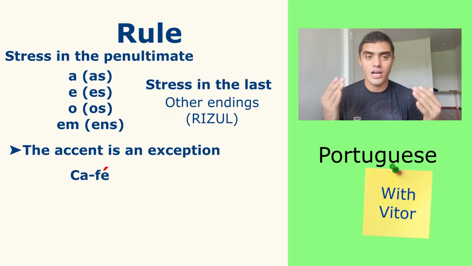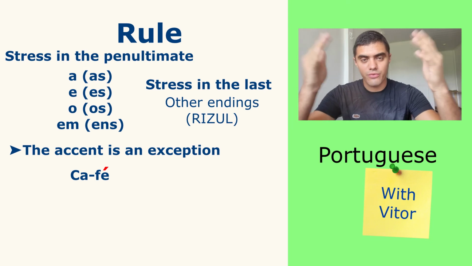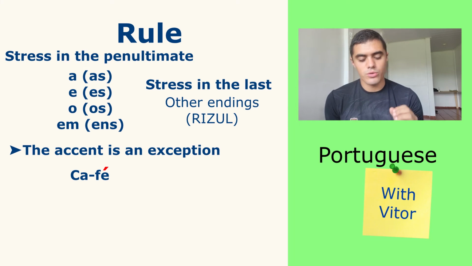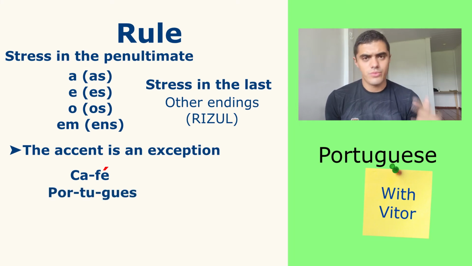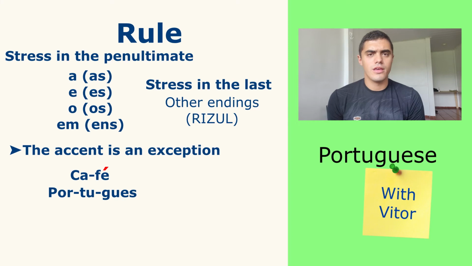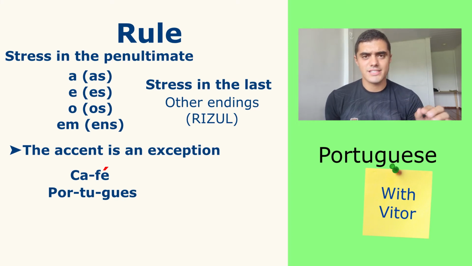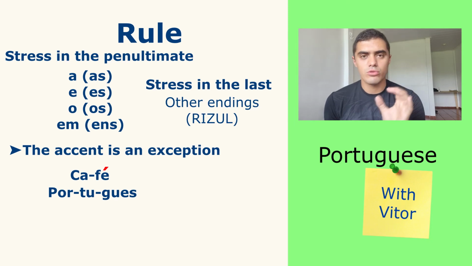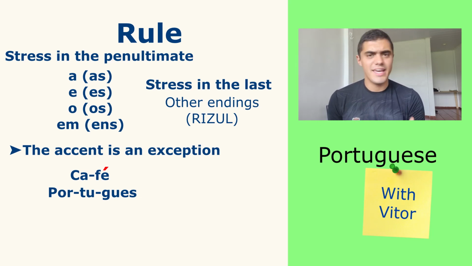Can you see? Every time the word runs away from the rule, you are going to use the accent, okay? For example, the word Portuguese. Read the word. It ends with es, so it must be in the first part. The penultimate syllable must be the stressed one. Reading with the stress in the penultimate is wrong.